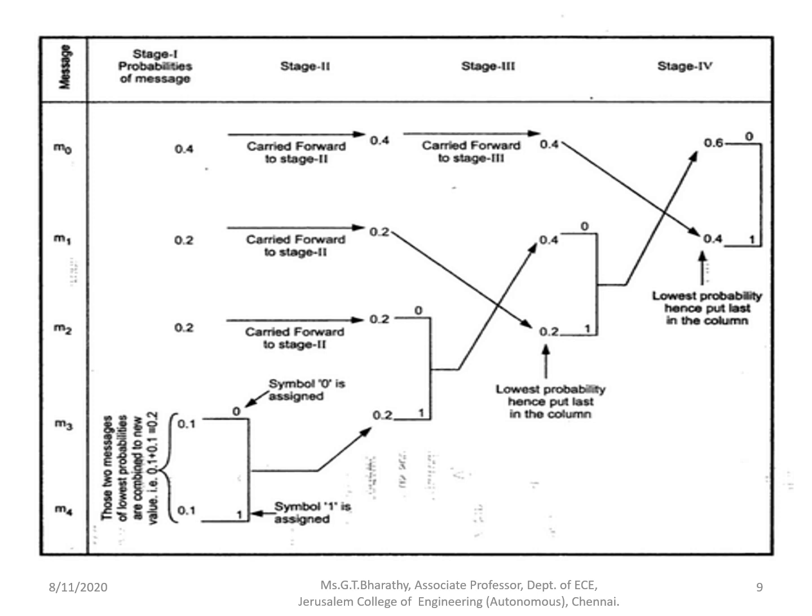Then we have to add the last two probabilities, which is 0.1 plus 0.1, it gives 0.2. So 0.2 is placed here in the second stage. This 0.4 is carry forwarded to stage 2, and this 0.2 is carry forwarded, and this new symbol is assigned here.